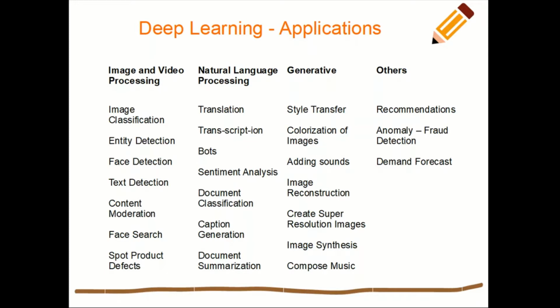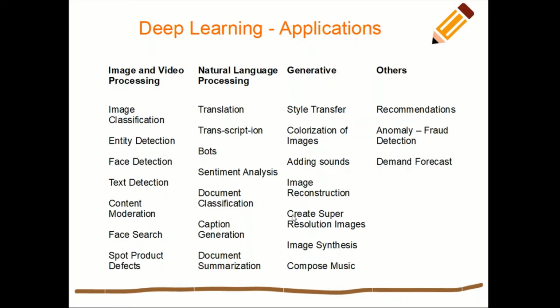We can use style transfer networks for it. We can do the colorization of images. If there is a black and white image, how will it look in color? And then adding sounds: for example, if there is a silent movie with a river flowing in it, how will it sound? So we can add sounds into the movie.